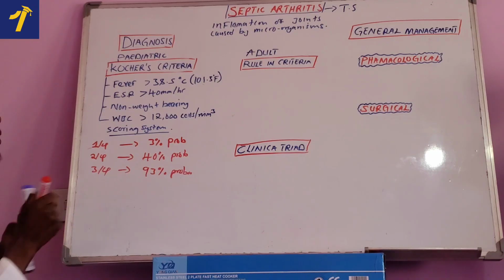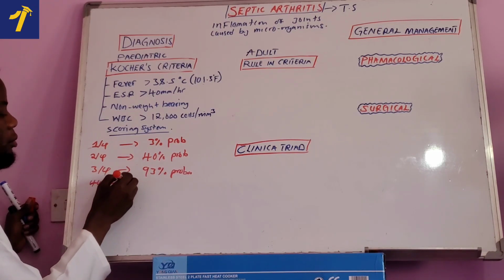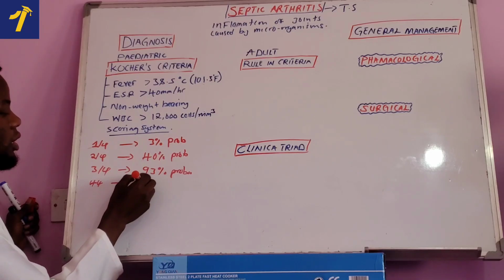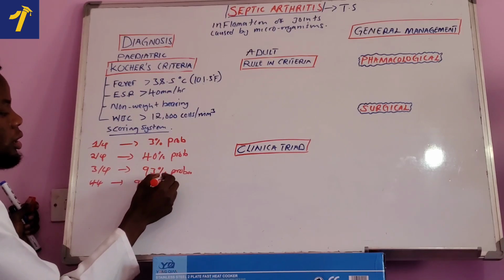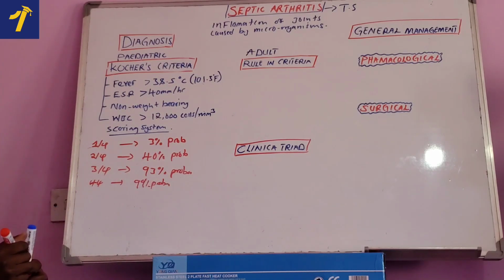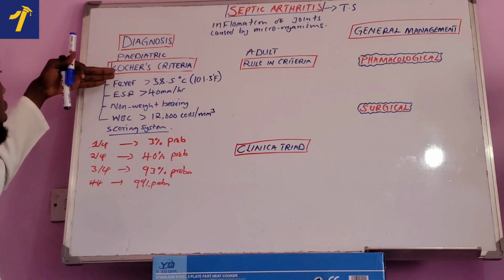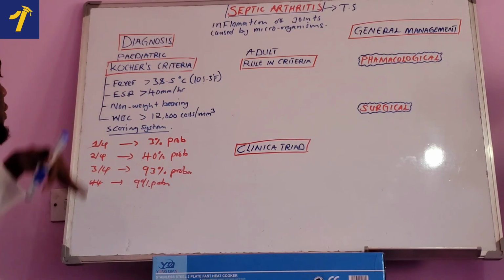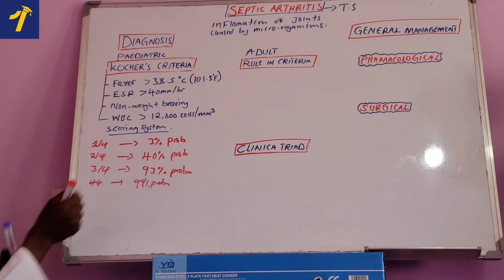Now what about if they have 4 out of 4? Then the probability of having septic arthritis is now about 99%. It will never be 100%. So if someone is having fever and all of these factors, then the probability will be about 99%.